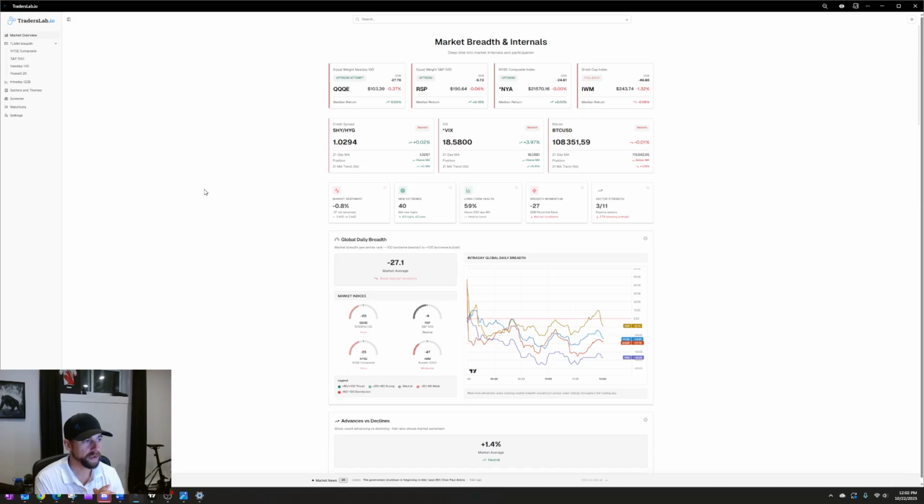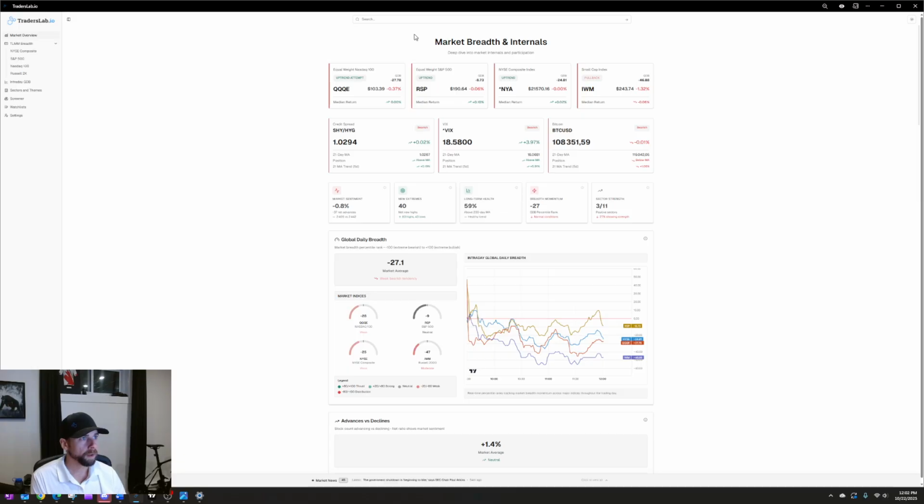We want to represent the top-down market approach where we start with the market first and then you go down to the sectors, to the groups, and then finally to the stocks. So we really tried to build the market overview dashboard the same way, starting with the market, and going down the chain where we finish with the individual stocks as well.